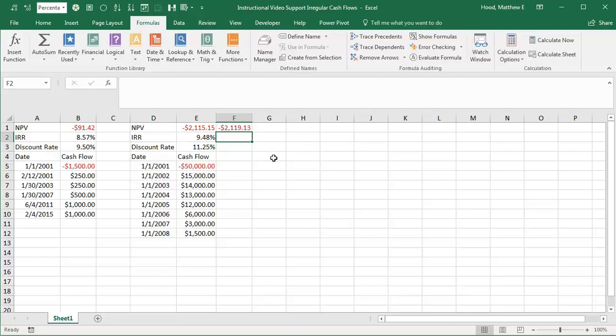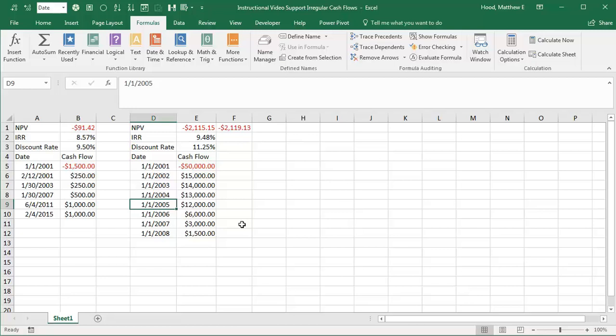Well, this is because after these first 4 years, this cash flow at time 4 and all the ones after that, there's been a leap year in that time frame. Because of the leap day that occurred, this is actually 366 days and not 365 days after the previous one.